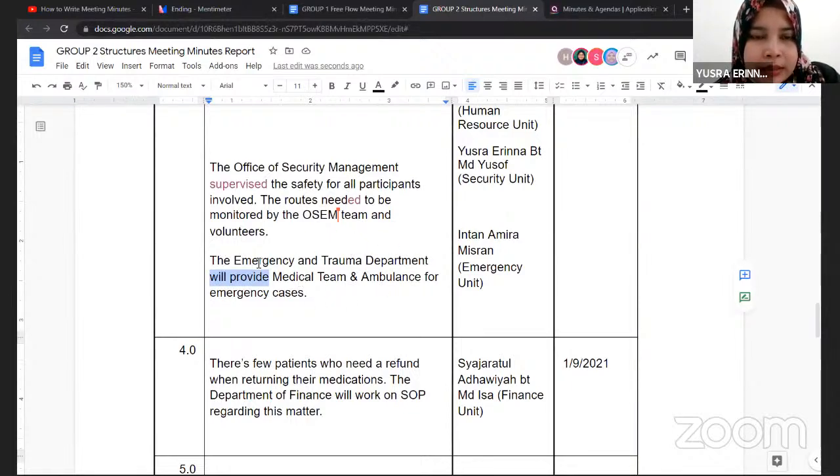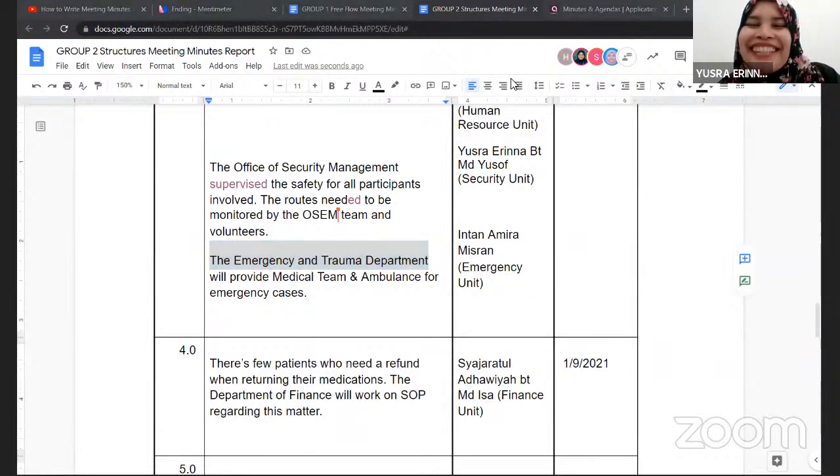I understand that the emergency and trauma department provided with medical team and ambulance for emergency cases. If it's like this, the emergency trauma department will provide medical team and ambulance for emergency cases. Someone check something. Yes, true, tenses are the most confusing. Okay, been there, done that. True, tenses are the most confusing.